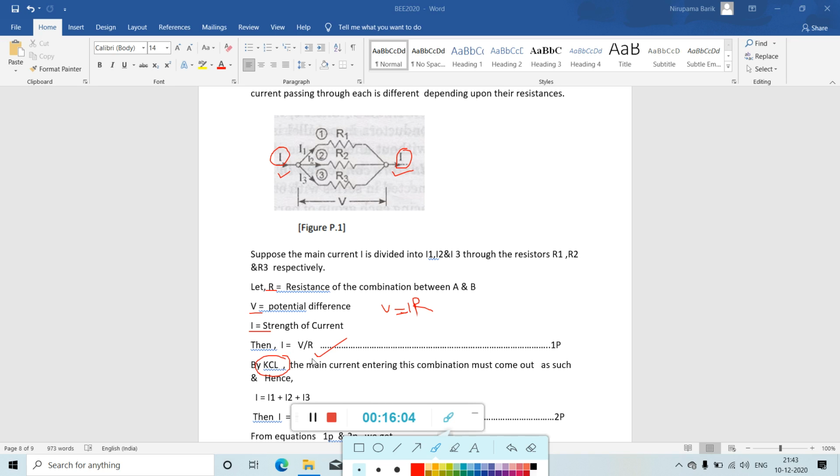Okay, so from KCL we can write I is equal to what? Here see, I is divided into three parts, I1 plus I2 plus I3. So if I amount of current is entered here, then here I1, I2, I3 current is outgoing, so we can write that I is equal to the summation of these three, I1 plus I2 plus I3.